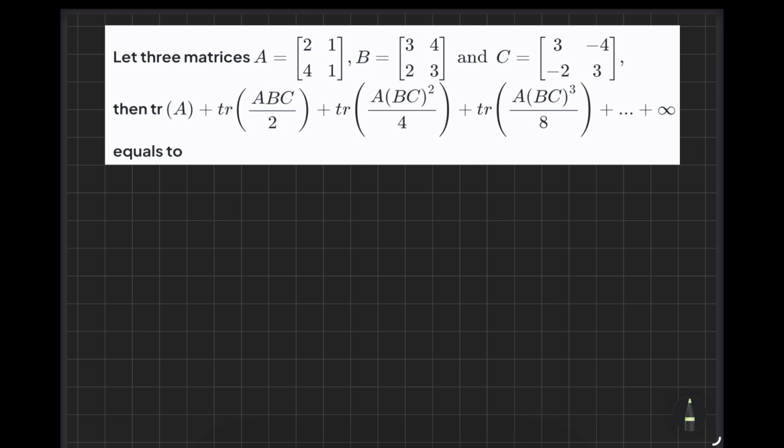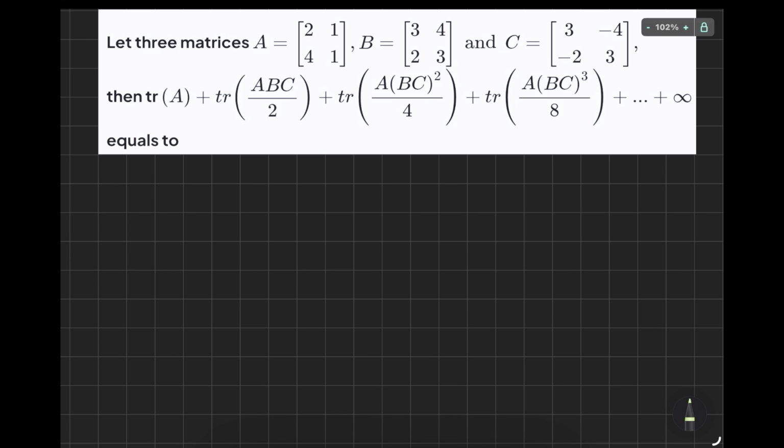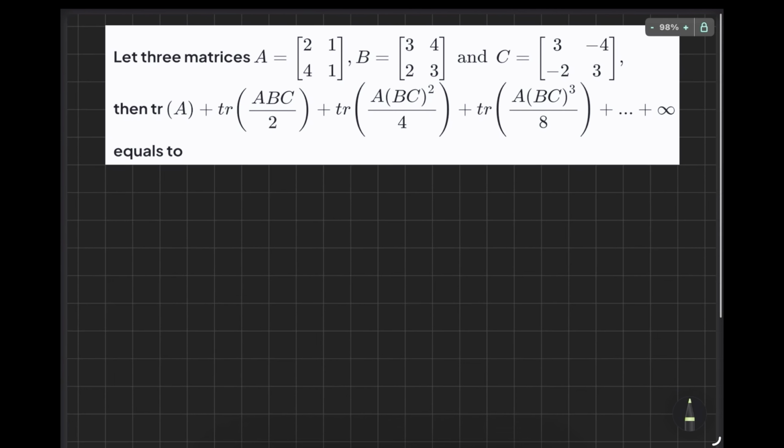So, we are back with a wholesome new question which says: let three matrices A, B, C be given.